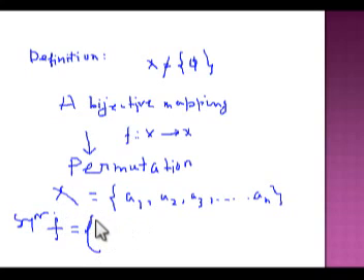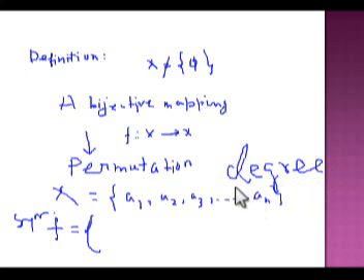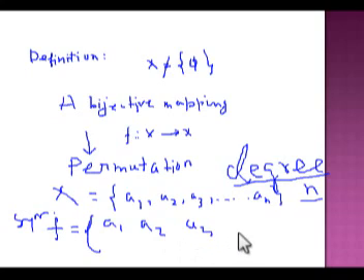We take n elements. The number of elements is the degree of the permutation. So there are n elements, so this degree is n. Now the permutation is represented in this way, and the last element is n.